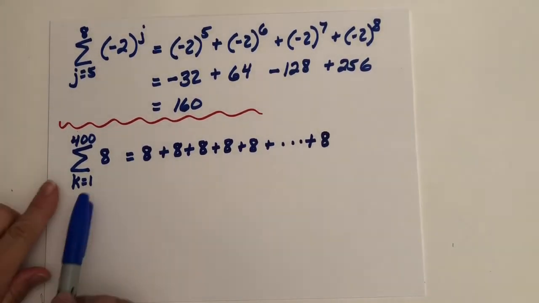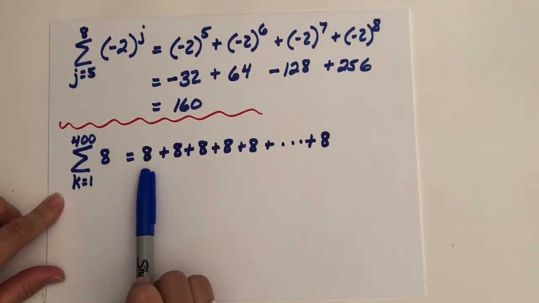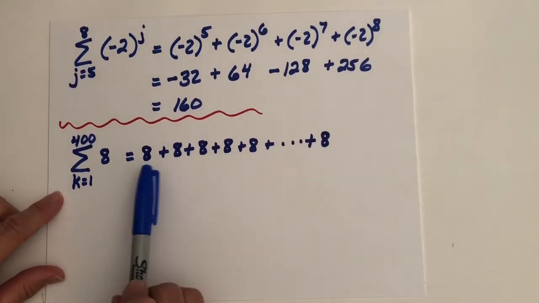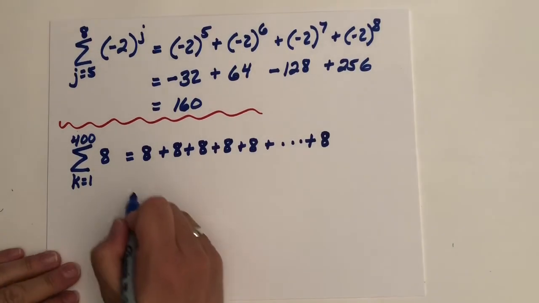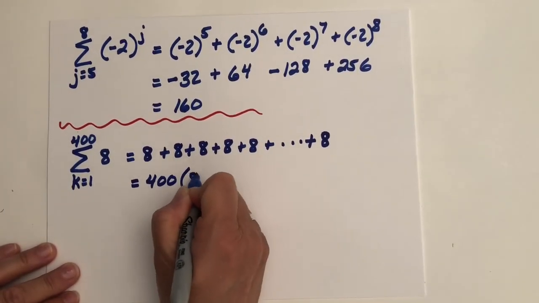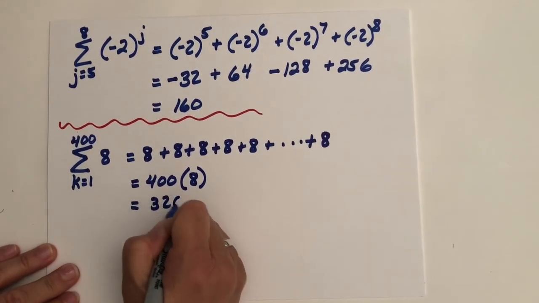So this is a nice way to express the sum of 400 eights. But we aren't going to just add 8 plus 8 plus 8 plus 8. We know there are 400 eights. So we know that that's really 400 times 8, or 3,200.